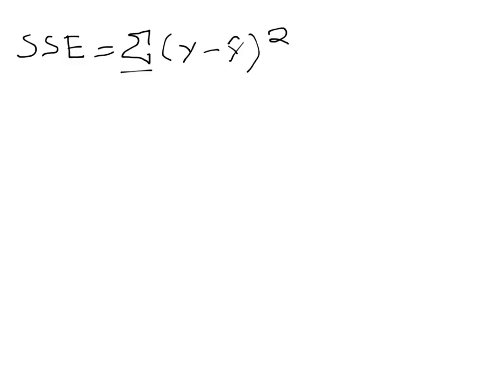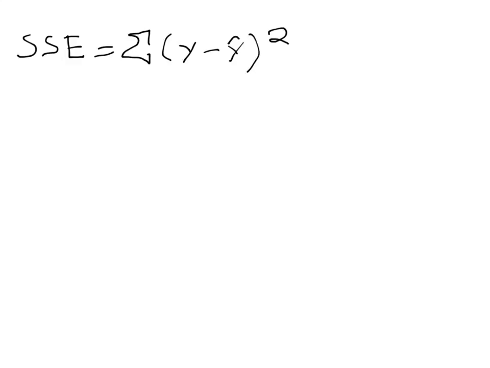So the sums of squares from errors are the sum of the difference between y, the observed value, and y hat, our projection, squared. Anytime you see this sums of squares notation, a summation, a difference, and a square, these things are all going to have the same general form.